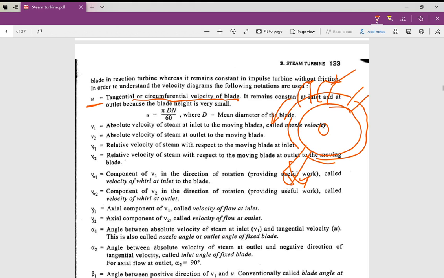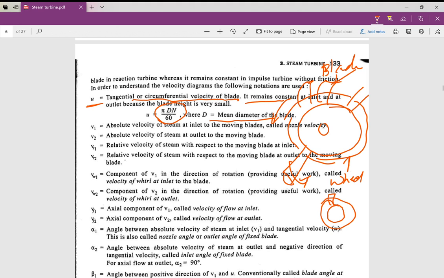This is your wheel. This is your blade. Right? So this is written in the form of pi d n upon 60, where d is your mean diameter of the blade. Why is it written mean diameter? Because suppose if you draw like this, the height of the blade is up to this much.